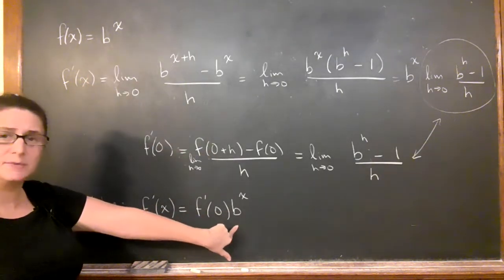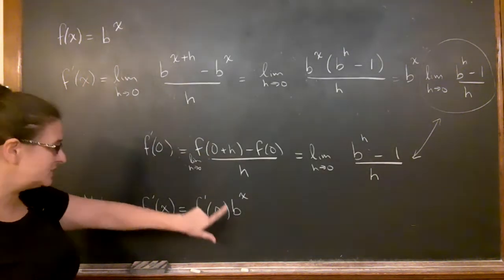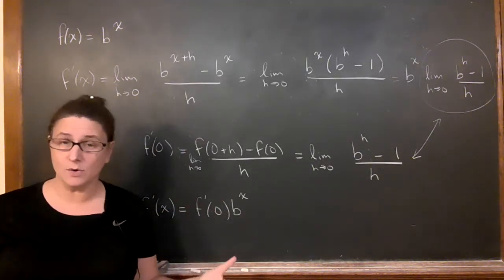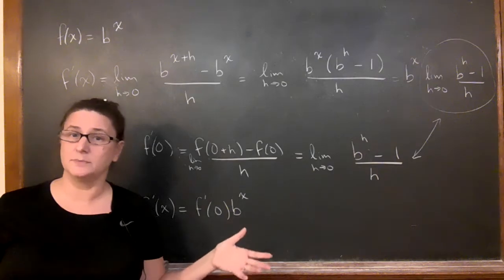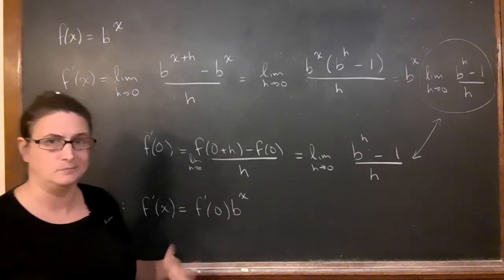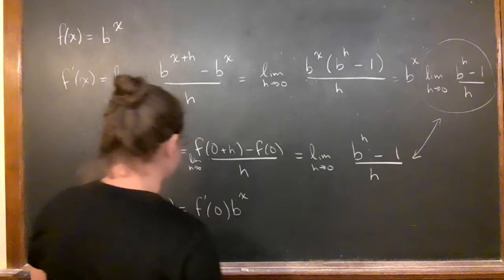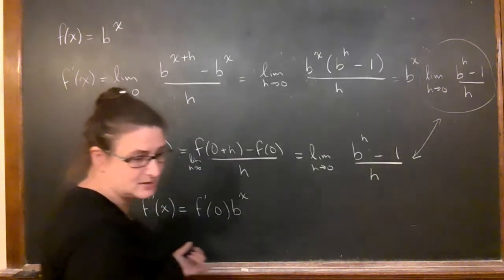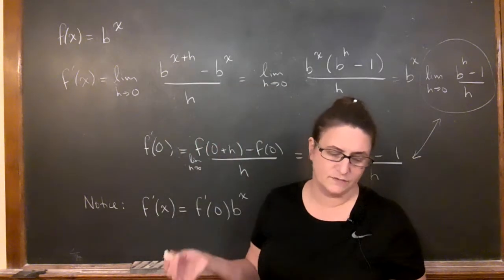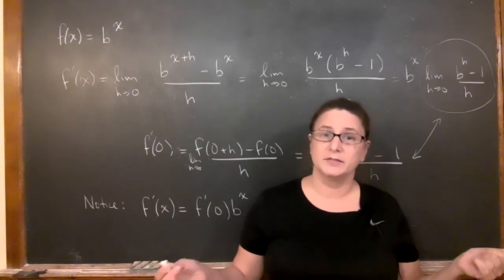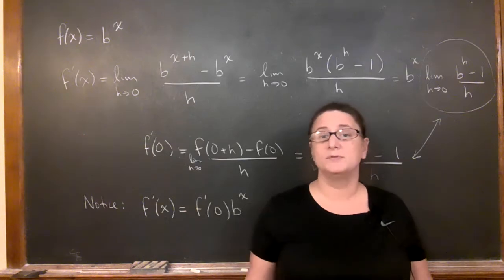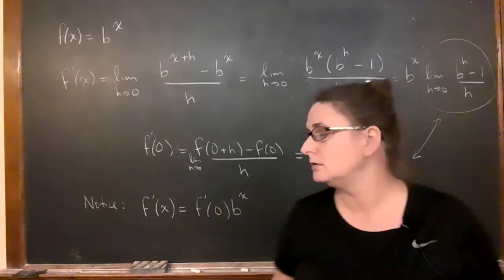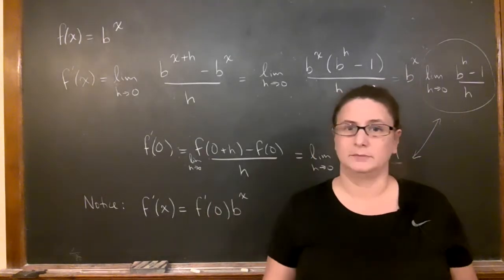It's the same function. The b to the x is the same. The only difference is that I've got some number here that I'm multiplying it by. That number, whatever it is, is going to depend on the base b. We'll learn later what it is. But for the purposes right now, we're just going to notice that that's what we've said. So the rate of change of any exponential function is proportional to the function itself. When you take the derivative of the exponential, you basically get the exponential back multiplied by something.